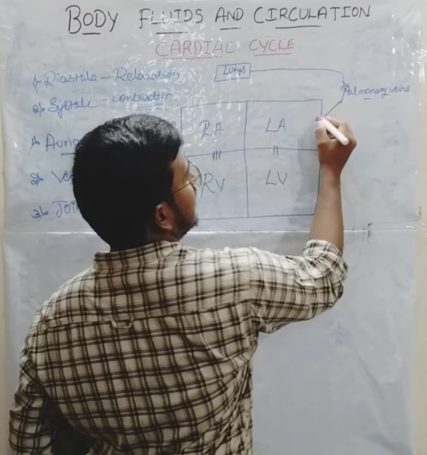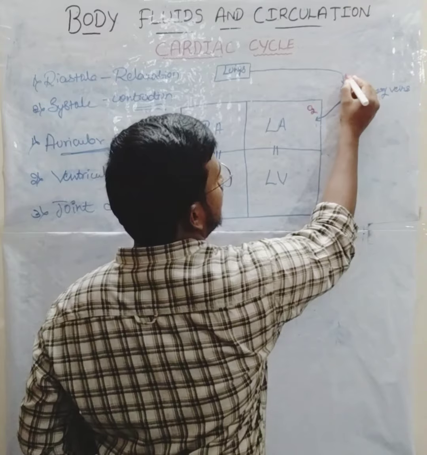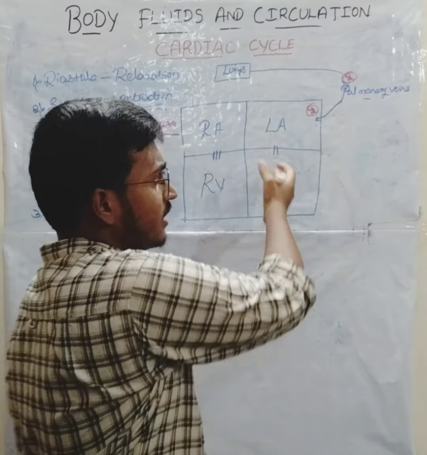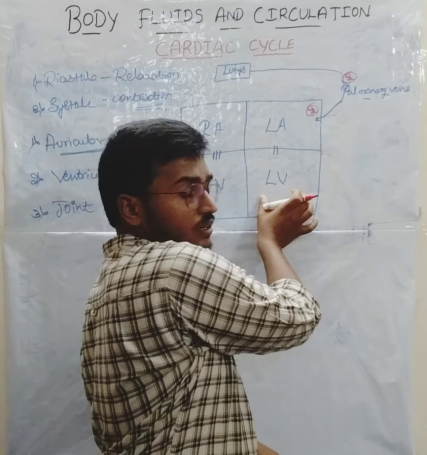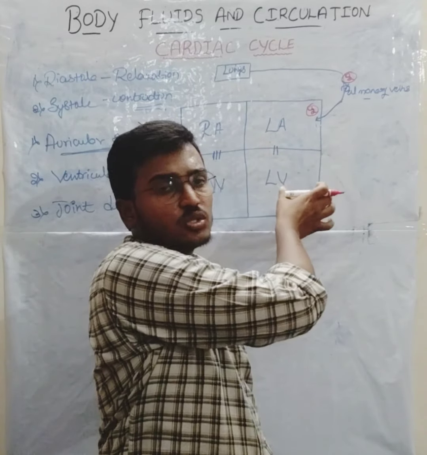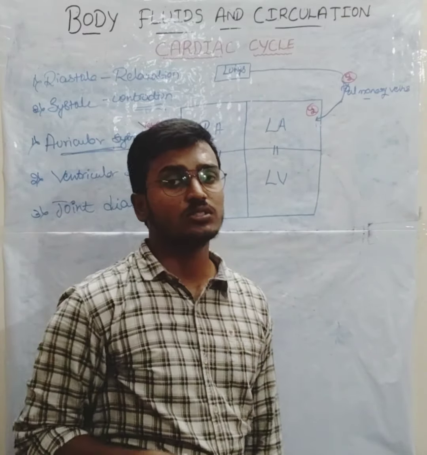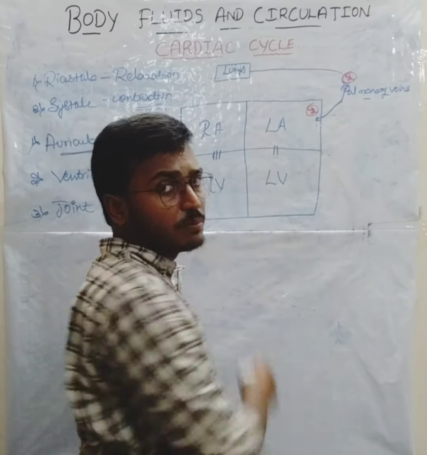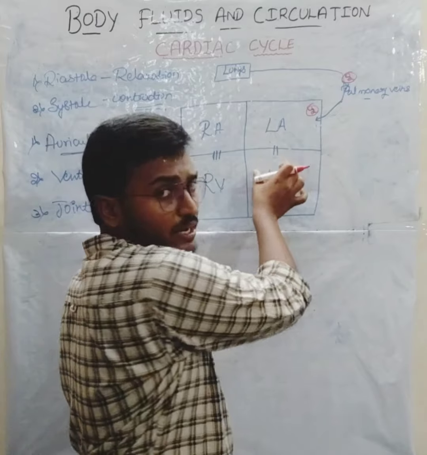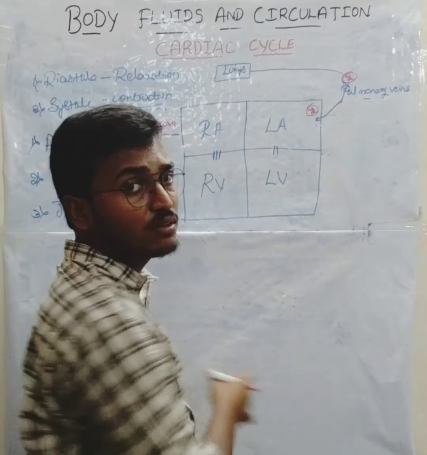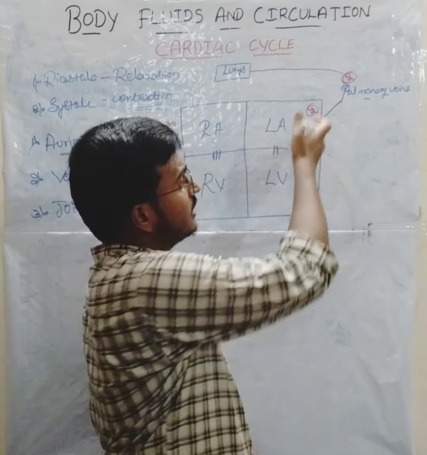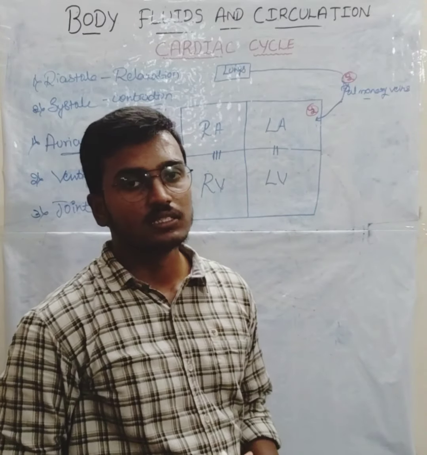Remember it. Now the auricles are in the systole stage, where the ventricles are in the diastole stage, relaxing. Now the blood comes here, where the pressure is more, and the valves are wide open on both sides. The blood flows into the ventricles.